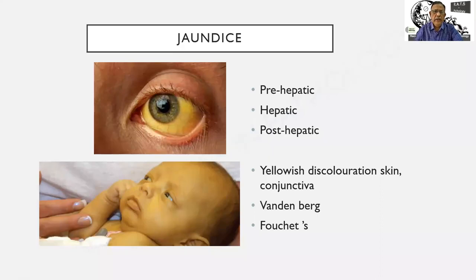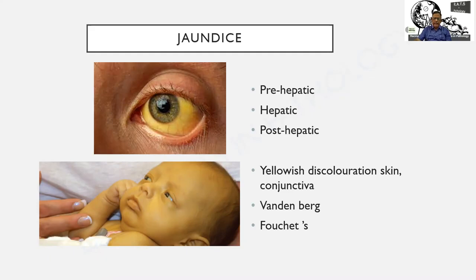Now we shall go to the next pigment, namely bilirubin, and the condition is called jaundice. I am sure that you people are aware of the pre-hepatic, hepatic, and the post-hepatic causes for jaundice. And the bilirubin pigment itself has an affinity for the sclera, the conjunctiva, and also the skin.